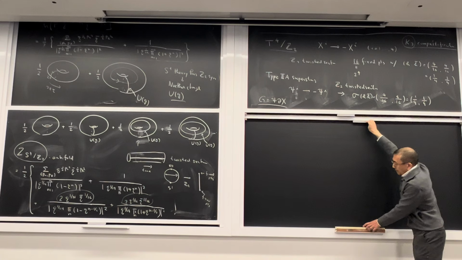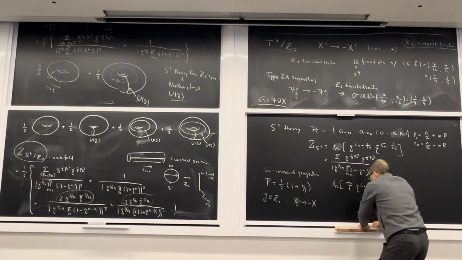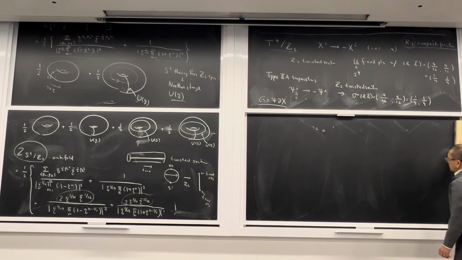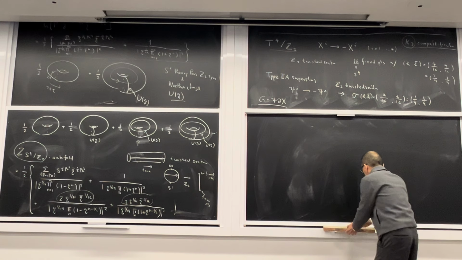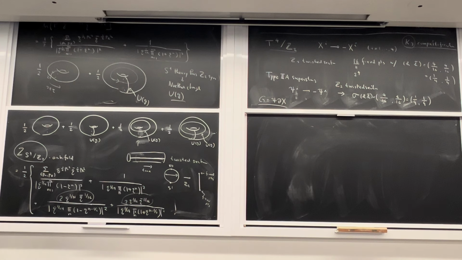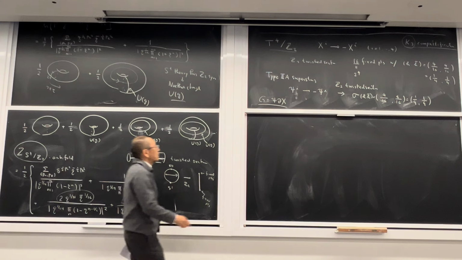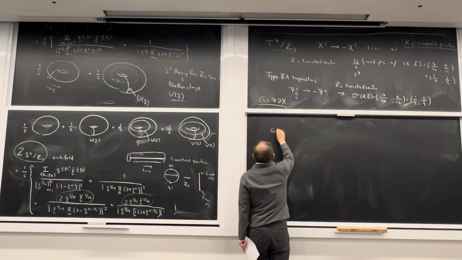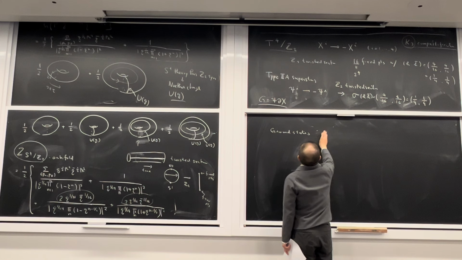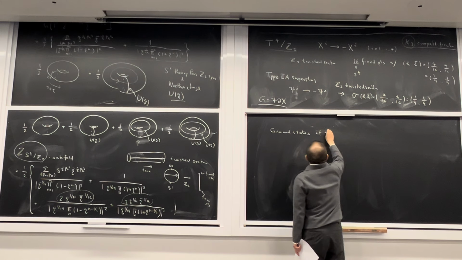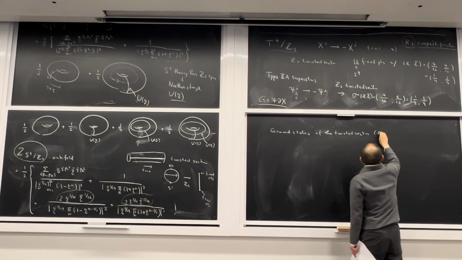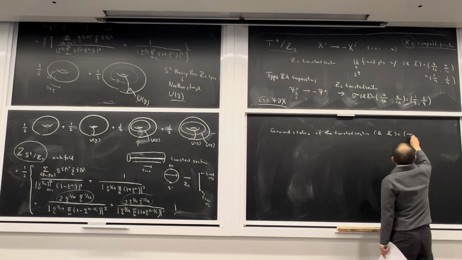So if you combine them, the ground state of the twisted sector has H and H bar equal to 1/2.